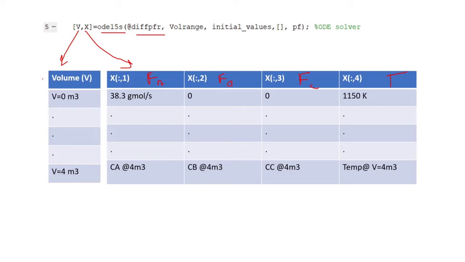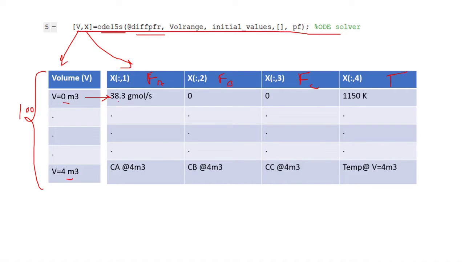When we call this function, what we are basically trying to say is I want a column vector consisting of 100 divisions, as we saw in linspace, between 0 and 4, and we will be finding the corresponding flow rates.